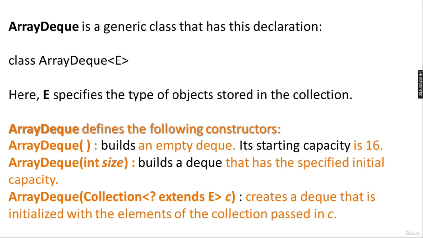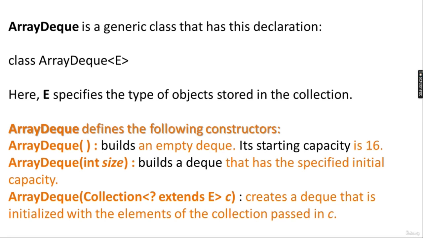ArrayDeque is a generic class: ArrayDeque<E>, where E specifies the type of object stored in the collection. ArrayDeque defines the following constructors. First is the default constructor, which builds an empty deque with starting capacity of 16. ArrayDeque(int size) builds a deque that has the specified initial capacity.